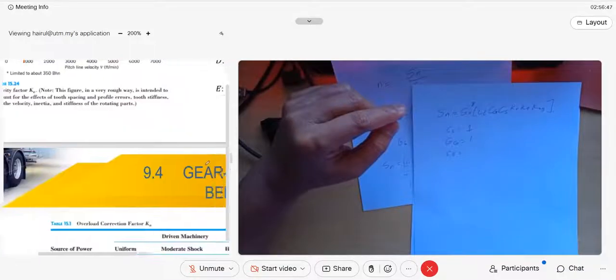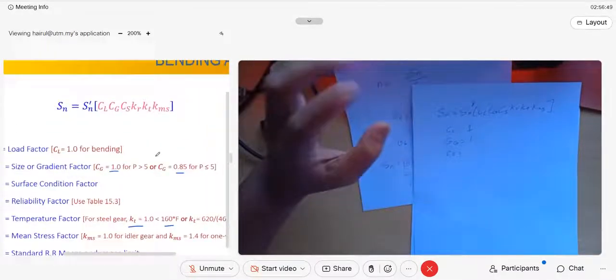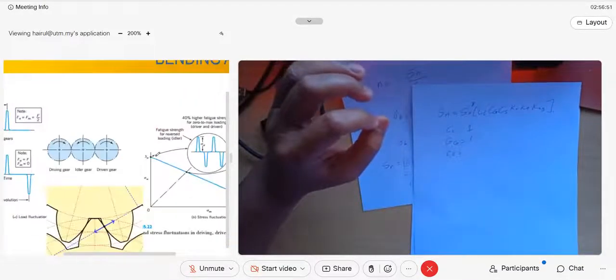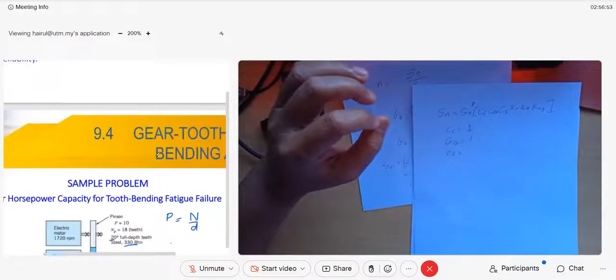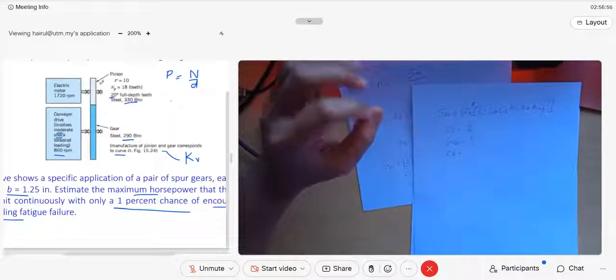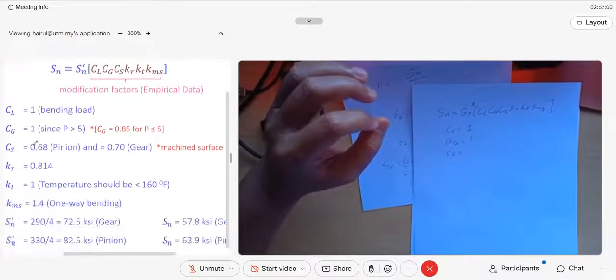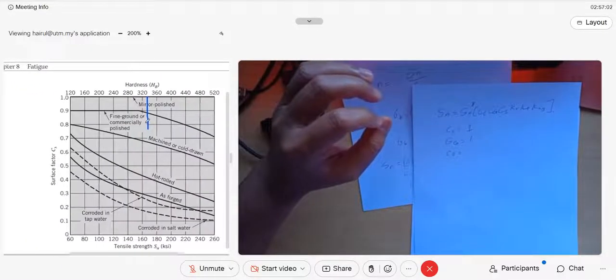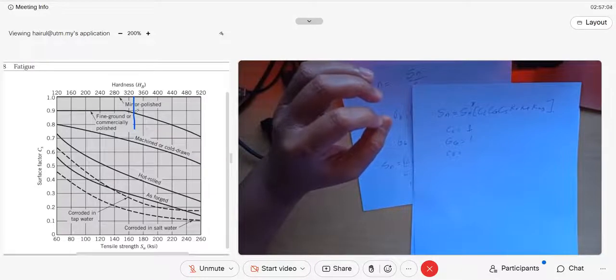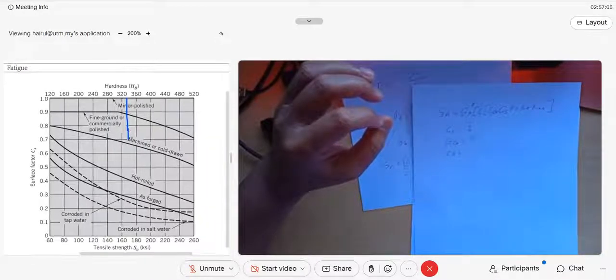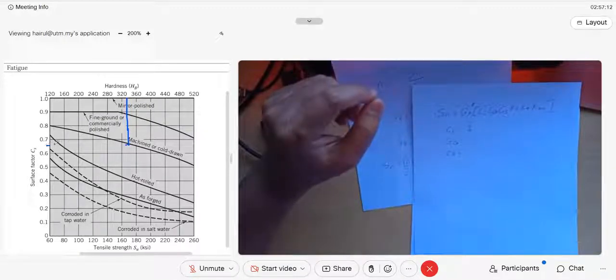But our surface factor is based on machining. Because gear hobbing is a machine process, why is our CS 0.68? Because it's machined. At 330 BHN going up to the machine line, this is 0.68. Right, class?